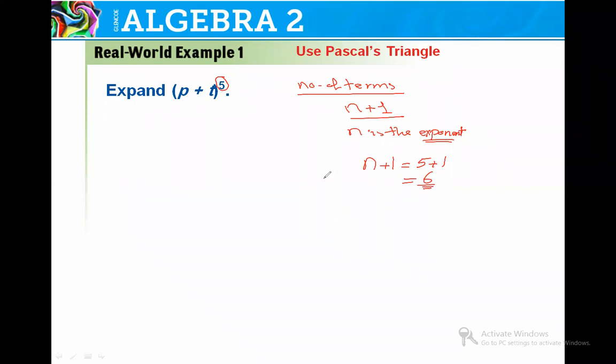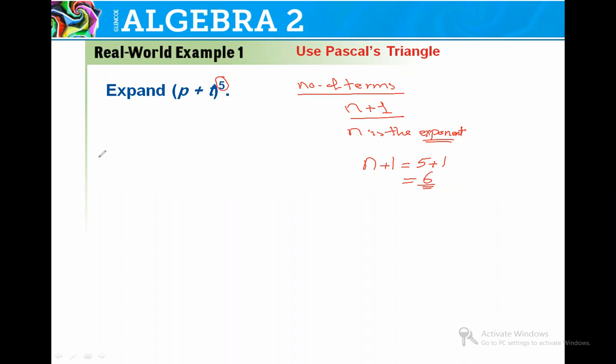So I search in the Pascal triangle for the row which has 6 terms. Who remembers?